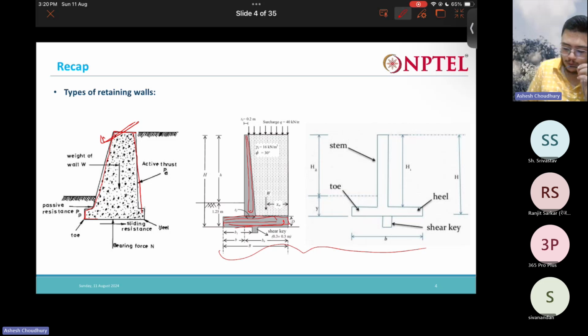So can you tell me why, generally in cantilever retaining walls, the top portion is tapered? Very basic question, right? Active earth pressure is less there.